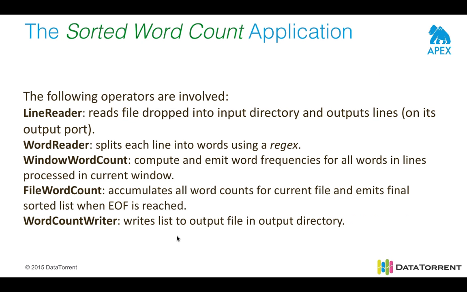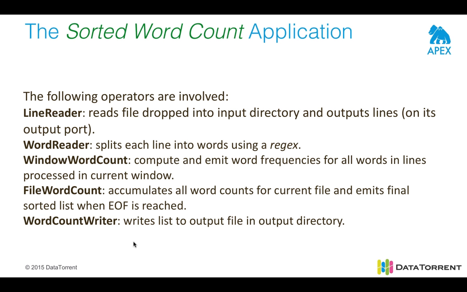There are 5 operators involved: a line reader which reads lines from the file, a word reader that splits each line into words using a regular expression, a window word count which computes word frequencies within a streaming window. Remember, in the previous slide, I mentioned a half-second streaming window.